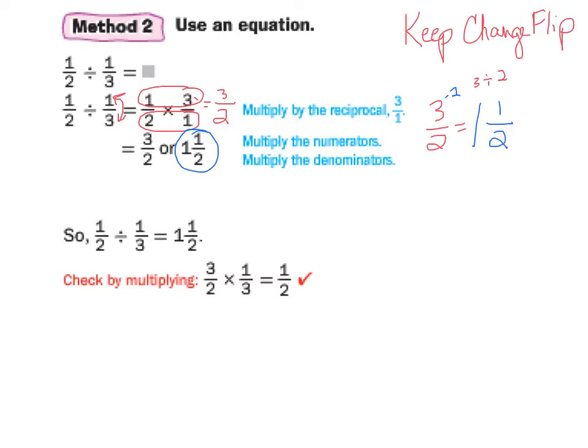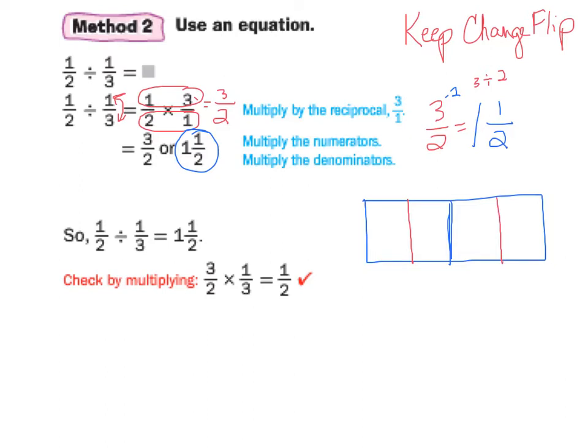So if we go back to that previous slide on the model, in that last picture, we had the half cut, and then they cut the box into thirds again.